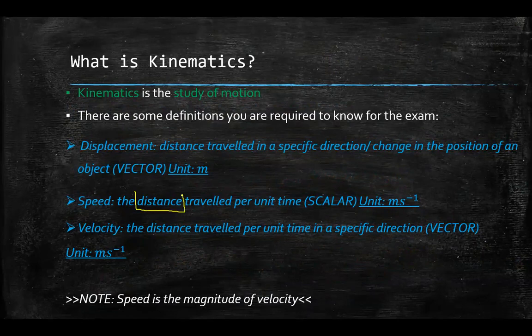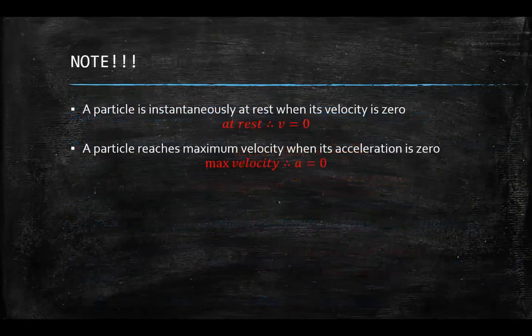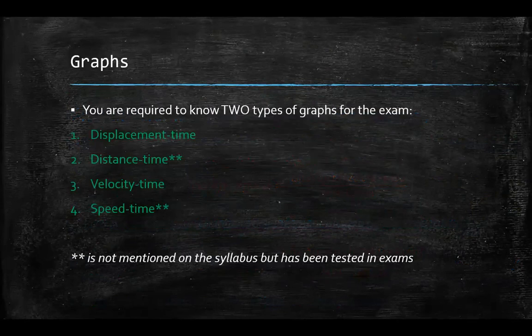Distance per unit time. So speed, let's say it's denoted by S, is distance on time. That's why my gradient in this case is not velocity, which is displacement on time. It's speed, which is distance on time.